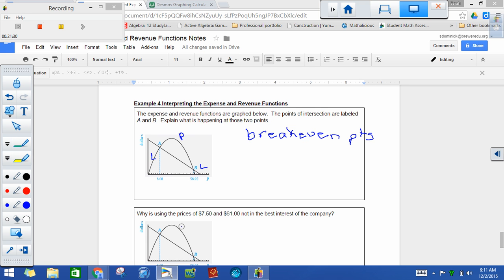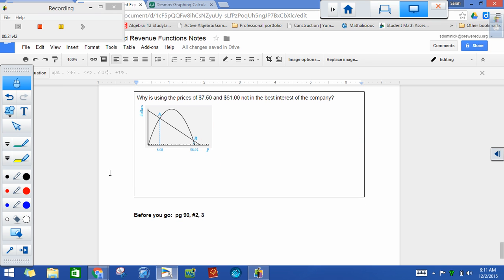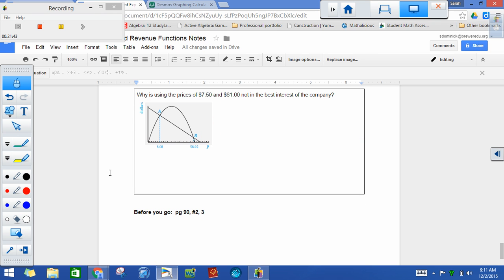So down here they say, why is using the prices of $7.50 and $61 not in the best interest of the company? If you look at where $7.50 lands, $7.50 would be on this side. So at $7.50, your revenue is less than your expenses.